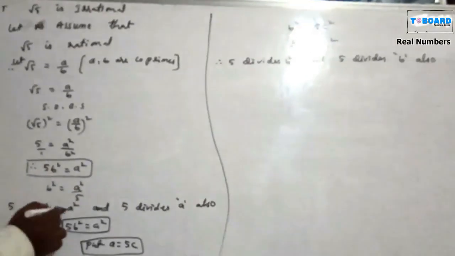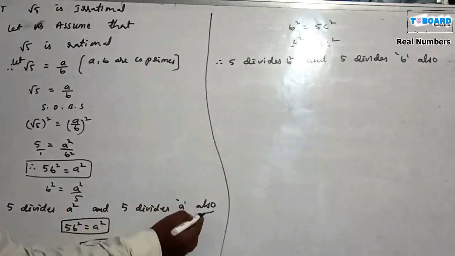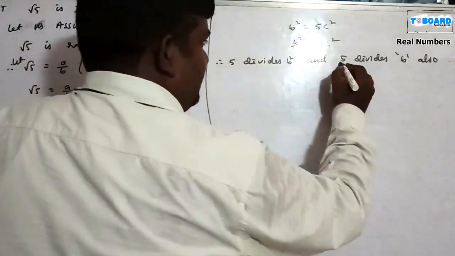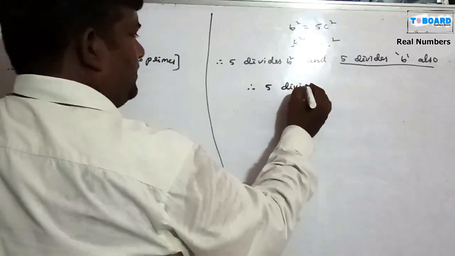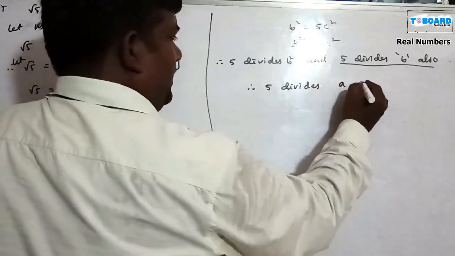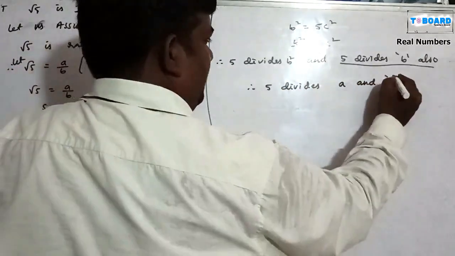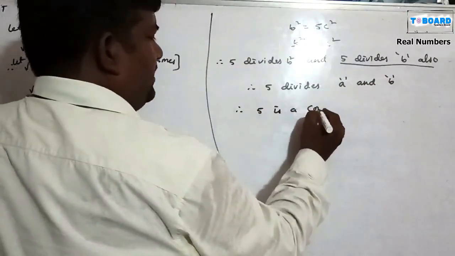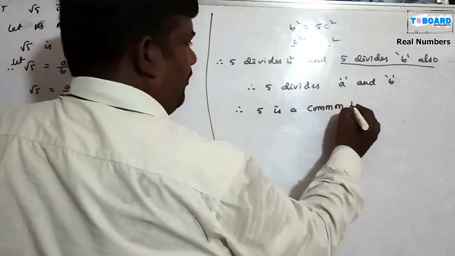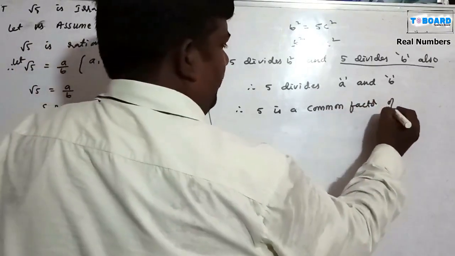Here 5 divides a square and 5 divides a also. Therefore 5 divides a and b.